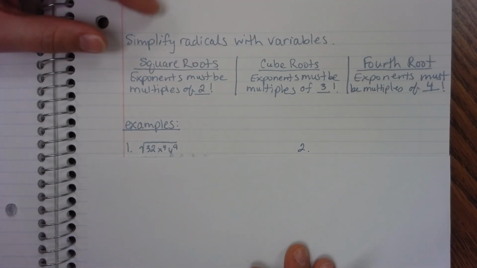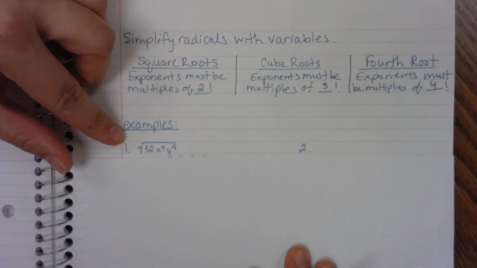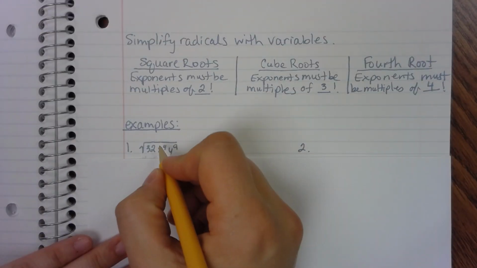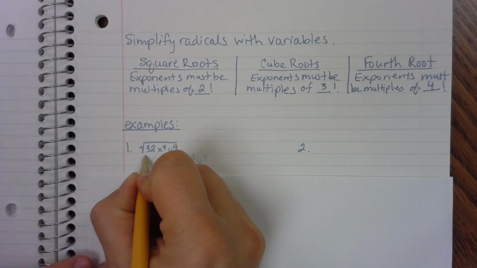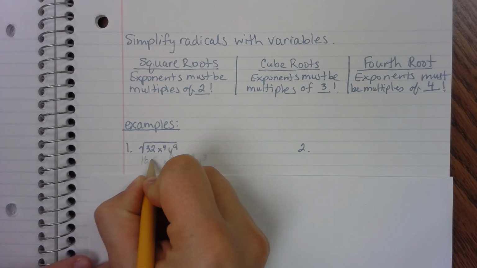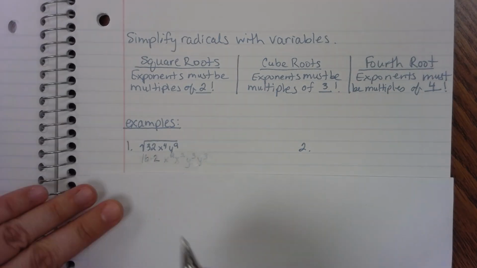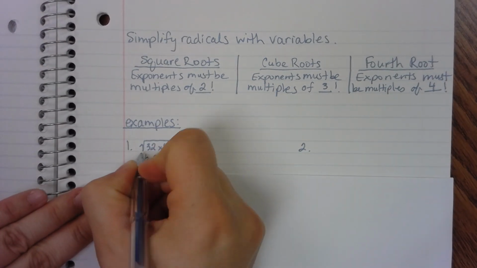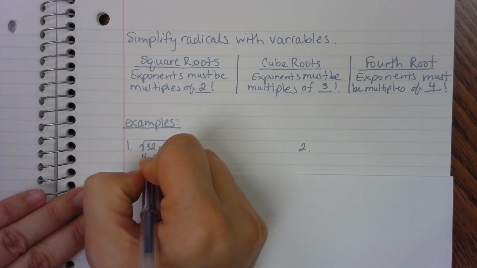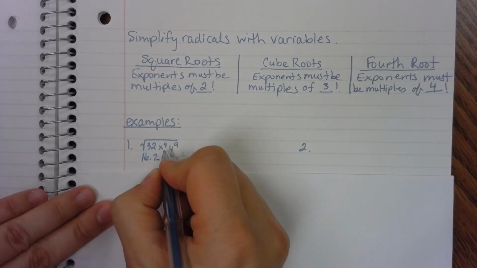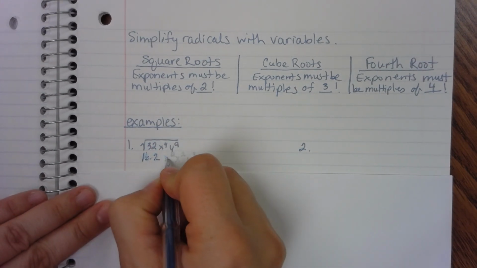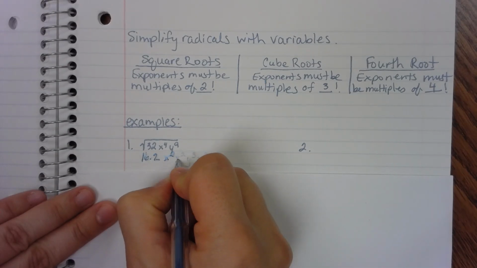So I'm going to come down and look at the square root of 32 times x to the 4th, y to the 9th. I'm going to simplify 32 to be 16 times 2. That is hard to see, so let me write it in pen. 16 times 2. X to the 4th, I'm going to rewrite as x squared times x squared.